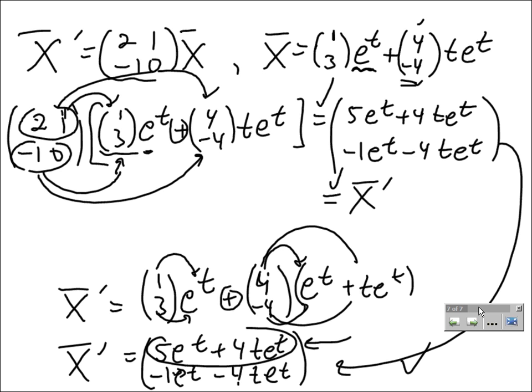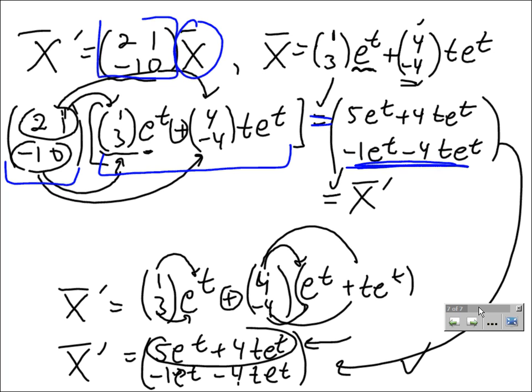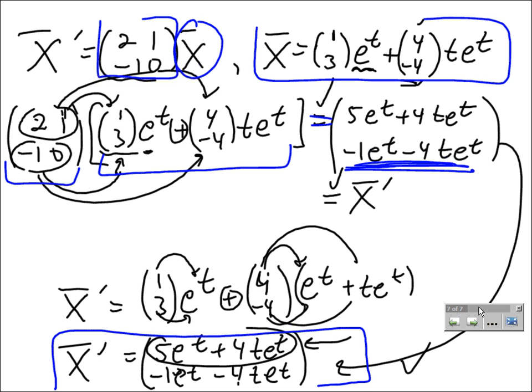That is this matrix times the given x. It did give us x bar prime, because I took x bar, I primed it, that is, I took the derivative of it, and I got that answer in the bottom. Exactly what we got. We did get back x bar prime.